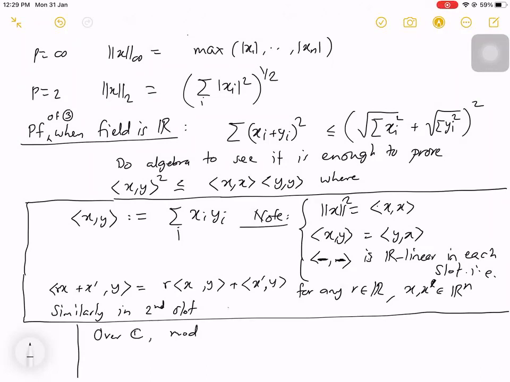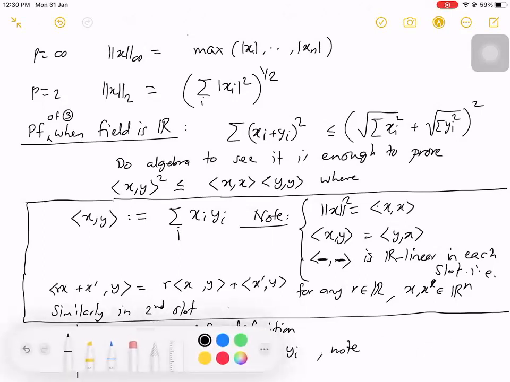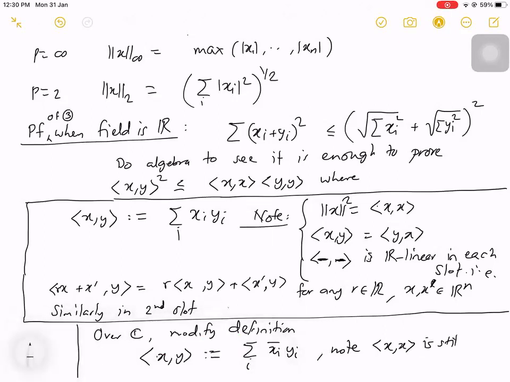Over C. Let's say the point is, let's not use the norm notation here at all.